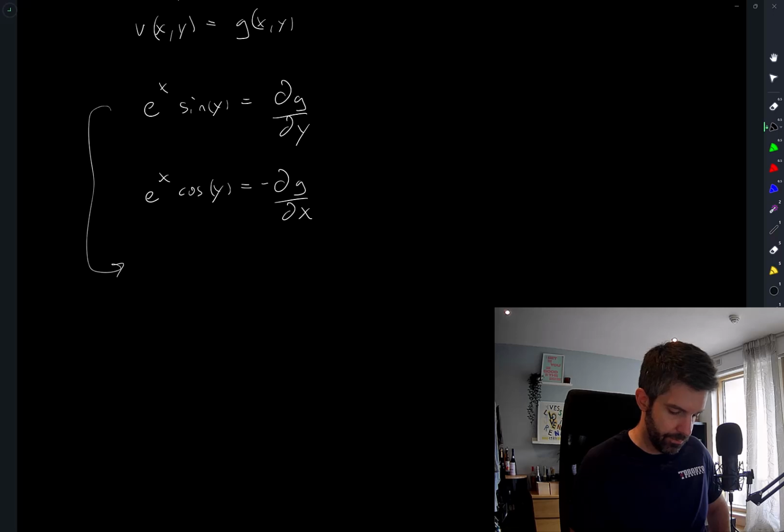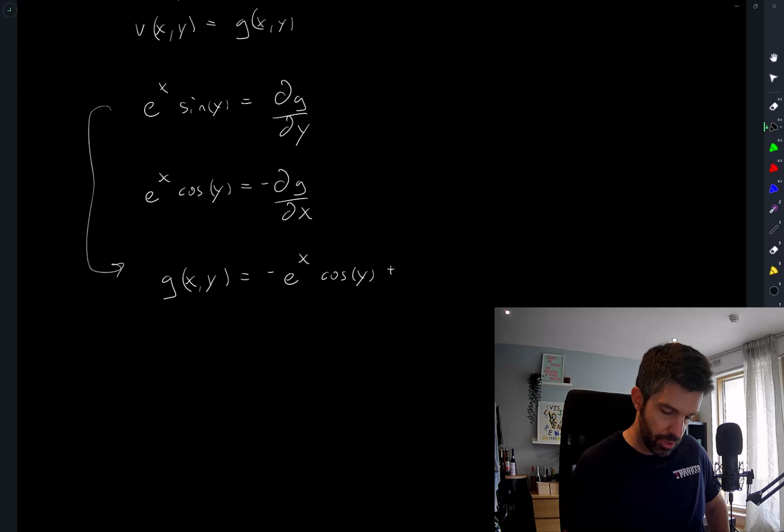we have g of x y is equal to negative e to the x cos y plus an arbitrary function of x.